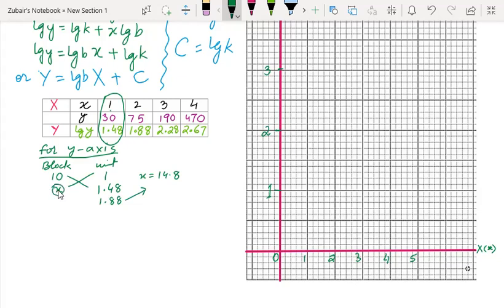Don't confuse this x with the horizontal; this is basically the number of blocks on the y-axis. We can say the 15th block here, and the 19th block here.